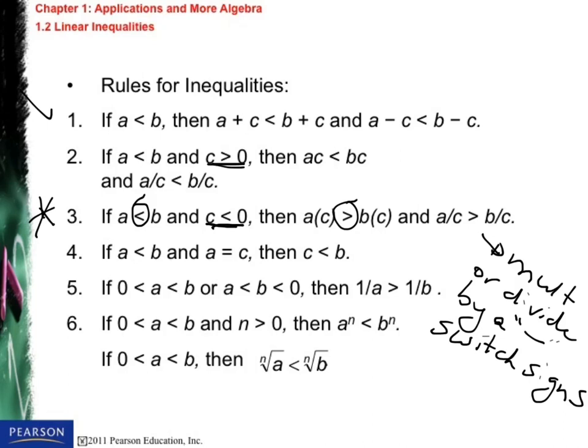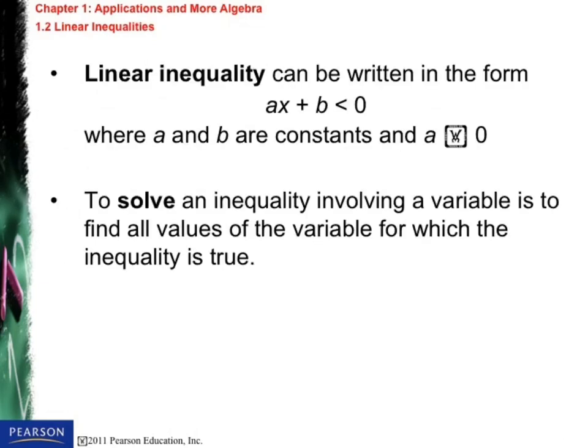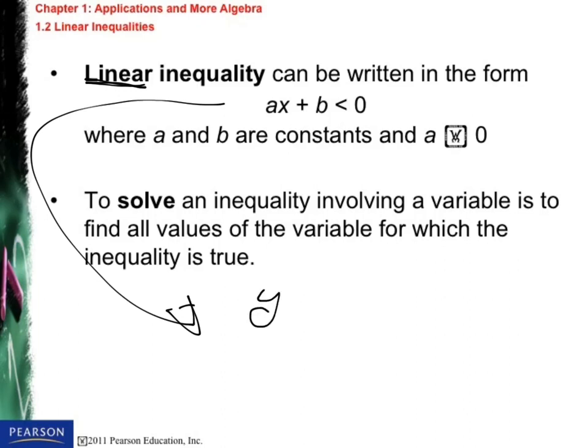Okay, and then so on down this line. A linear inequality, meaning if graphed the boundary is a line and one side or the other of the line would be shaded, can be written in the form AX plus B is less than 0. A and B, this goes back to y equals mx plus b.